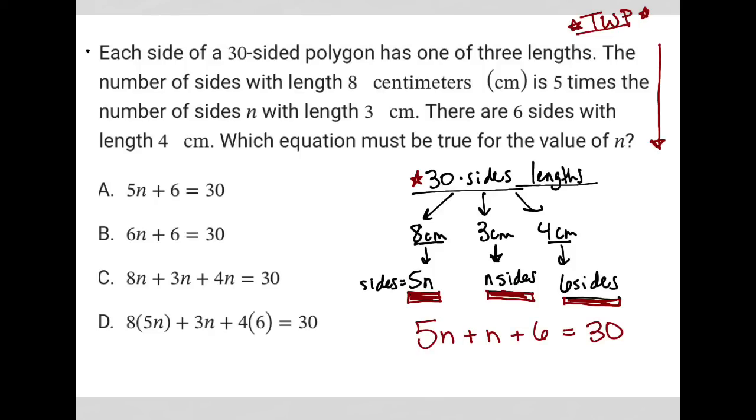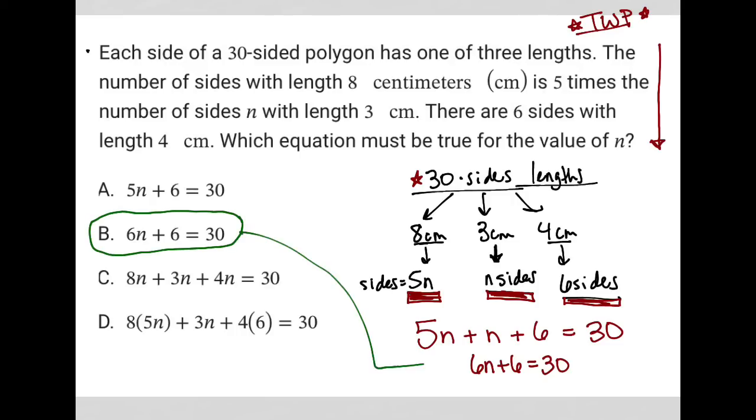Because we're looking at the number of sides. And when we simplify that, wouldn't it just be 6n plus 6 is equal to 30? I think I like that concept, and I think I like the logic behind that. So that would mean that my answer is choice B, because it relates to what I translated basically from the question.